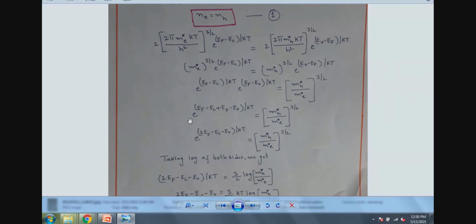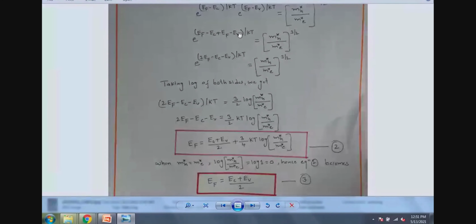So what it becomes, e to the power of (Ef minus Ec plus Ef minus Ev) by kT. So RHS will be the same term. So what happens, finally you got e to the power of (2Ef minus Ec minus Ev) by kT. So these terms will be the same.